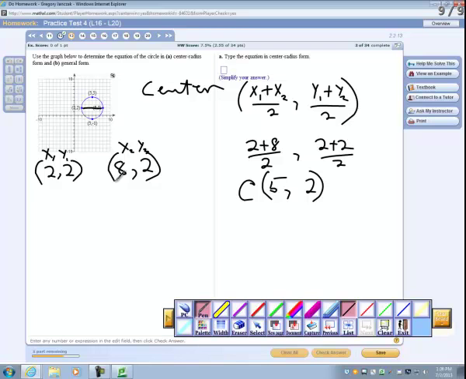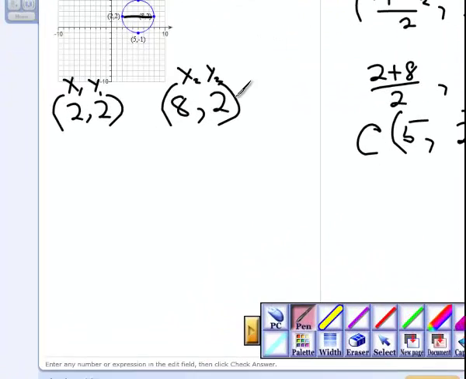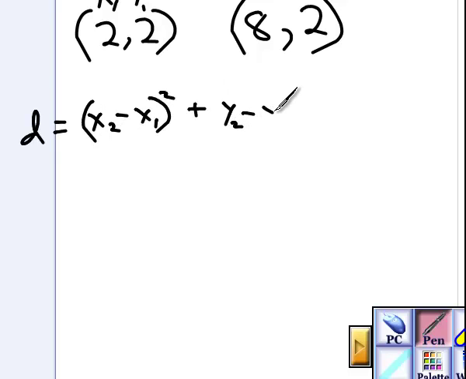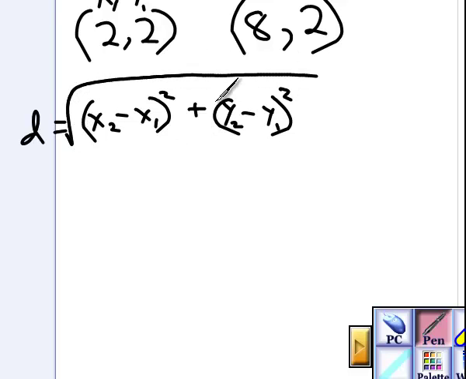If you find the distance between these 2 points, you find the diameter, right? So distance, (x2 minus x1) squared plus (y2 minus y1) squared. What else do we need? The square root. Don't forget that. Sometimes people do that.